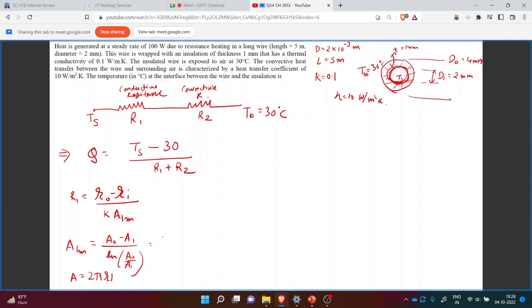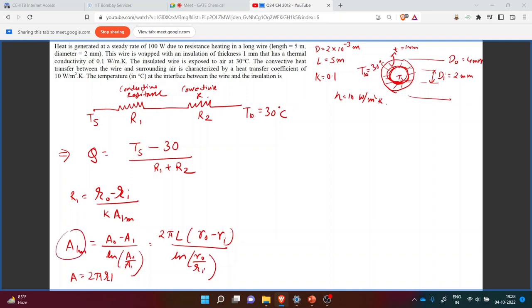In terms of radius we have taken 2 pi l as common, r0 minus ri upon ln of r0 by ri.